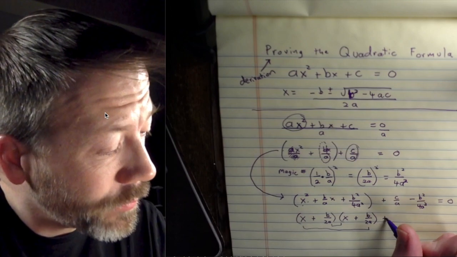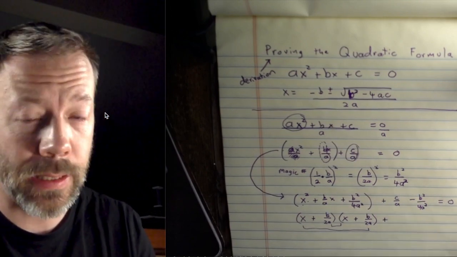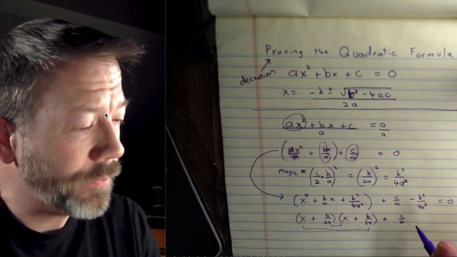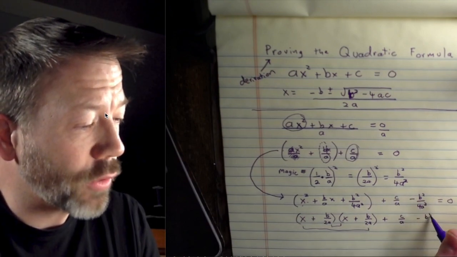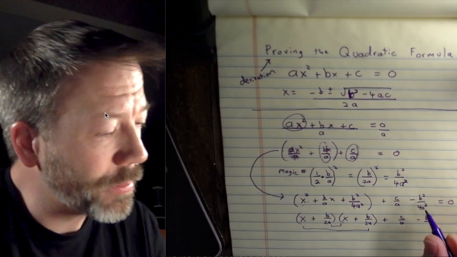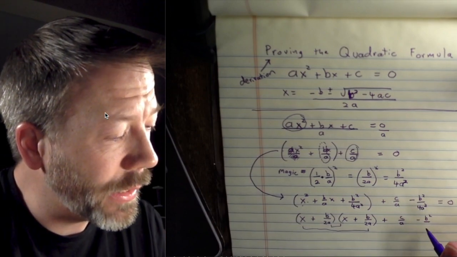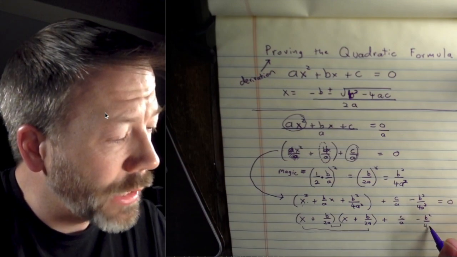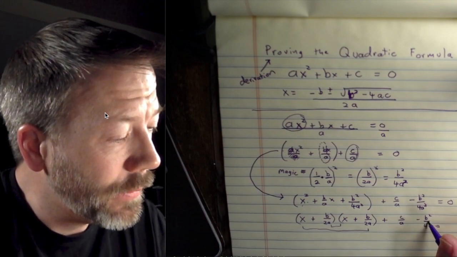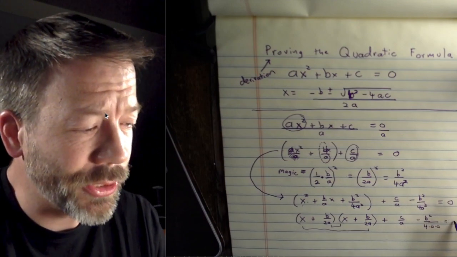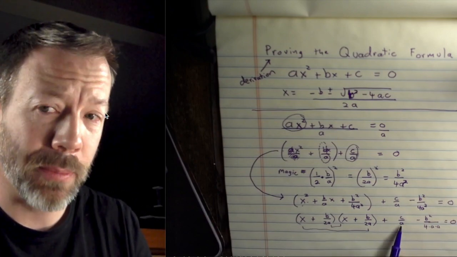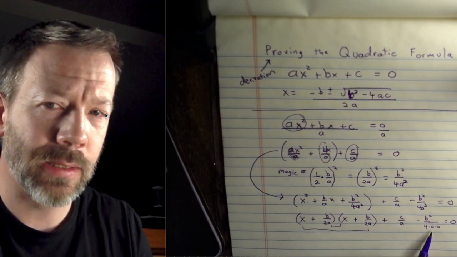Over here, I've got a couple of fractions and I'd like to add them together. If I have a c over a and a negative b squared over, let me factor that up a little bit, 2a squared is the same thing as 4 times a times a. You might not need to do that extra step right there, but it helps me a little bit to see what this denominator is missing that this one has.